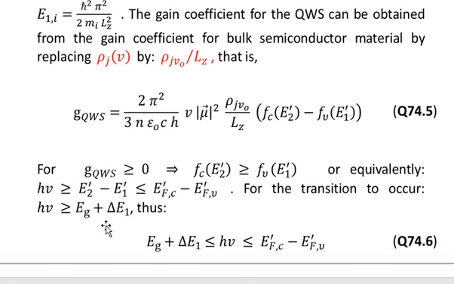So here we can write the full expression: h nu, the energy of the incident beam, should have a frequency such that h nu is greater than or equal to Eg plus delta E1, and should also be less than E prime Fc minus E prime Fv.